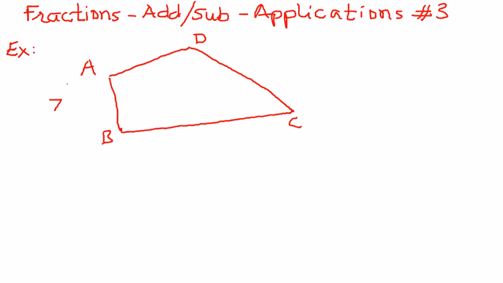This is 7 3/4 miles long, and then the line segment BC is 13 1/2 miles long. The line segment CD is 10 1/8 mile long, and the line segment DA or AD is 8 miles long.